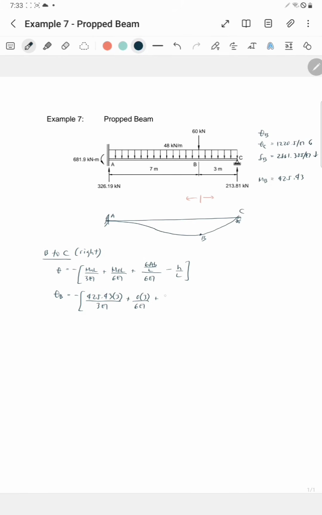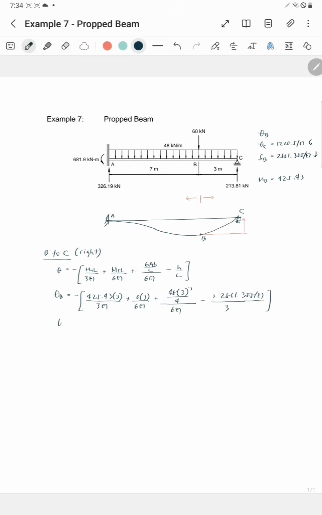So direct substitute. W is 48, the length is 3, then cube over 4, then all over 6EI minus H over L. So for H, we make a horizontal line from B to C and then measure the vertical distance towards C. So the direction is upward, so positive, and the vertical distance at C is equal to the deflection at B, 2,861.355 over EI.